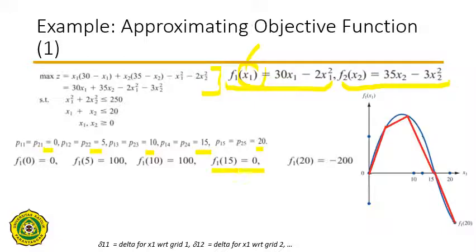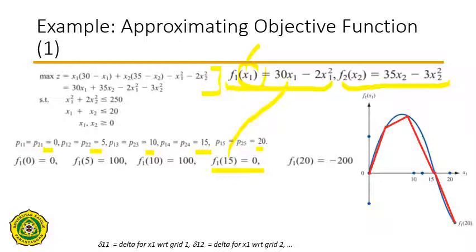So let's see this, for example. So 15, plug in 15 into x1. 30 times 15, 450, minus 2 times 15 squared. So 15 squared is 225. 2 times that is 450. So f1(15) equals 0.